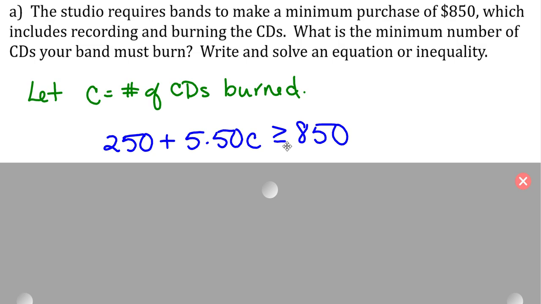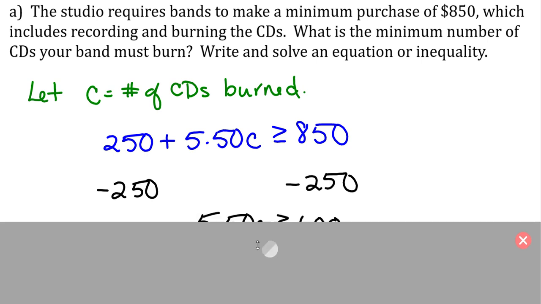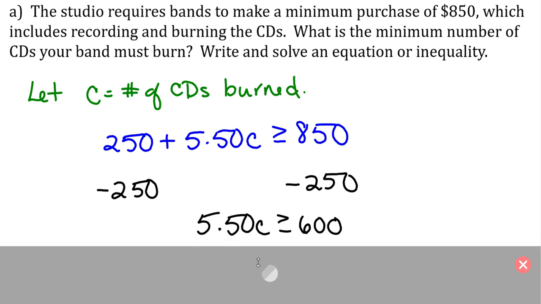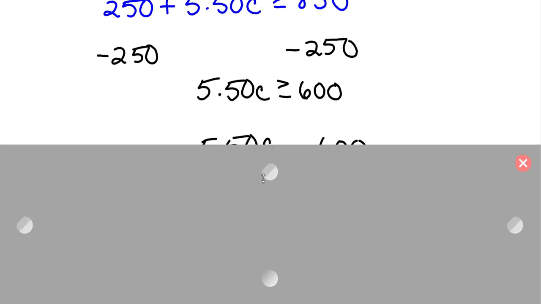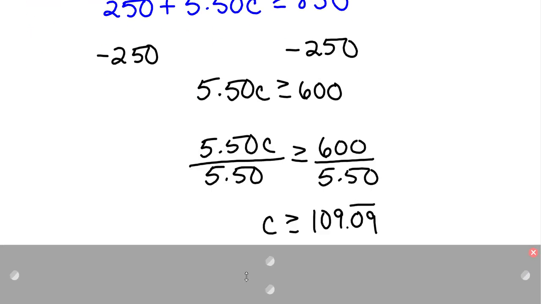Now we just have to undo this to try to get C alone. So I see this addition of 250. I'm going to undo that with subtraction. I see my multiplication here, so I've got to undo that with division. And I see that C is greater than or equal to 109.09 repeating.